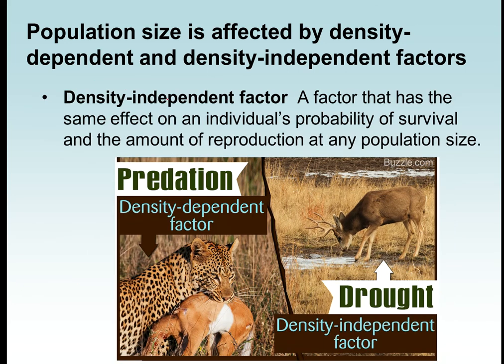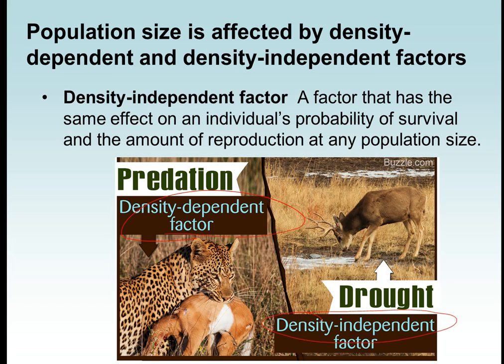Now, there are density independent factors. These are factors that control population size that really do not depend on the number of individuals within that ecology. These are things like droughts, and these are factors that have the same effect on the probability of survival, but the amount of reproduction at any population size is not dependent on the number.